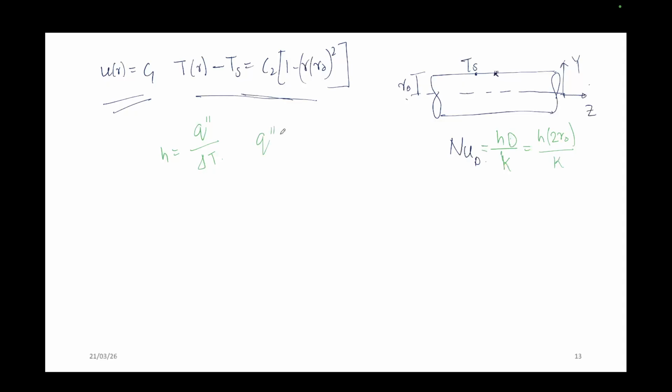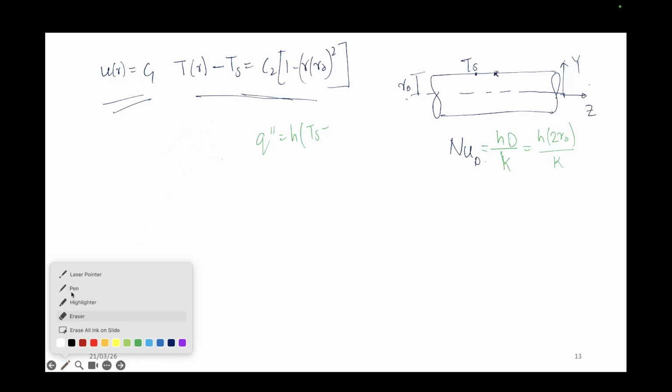Or you remember this thing, h into surface temperature minus what? Here, what should be the temperature, the heat flux? Surface temperature minus? No, here the Ts is here in this case. Liquid temperature. So what liquid temperature do I need to take? Because it is not the central line.